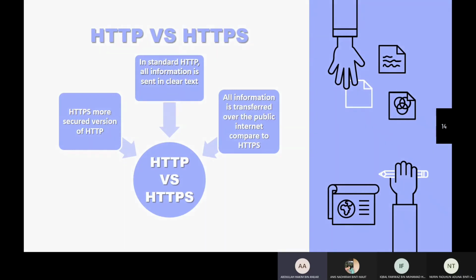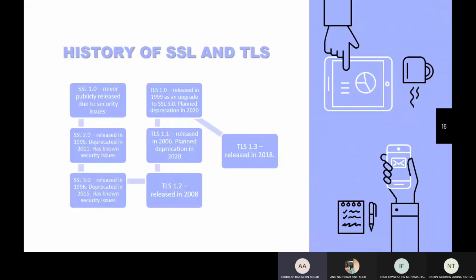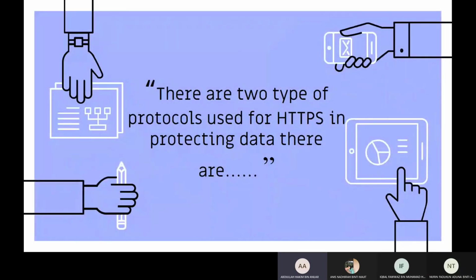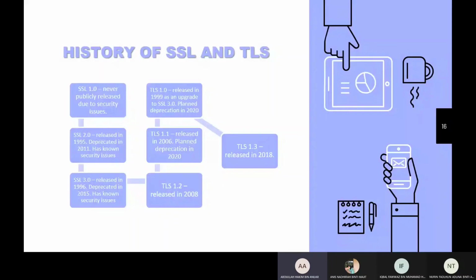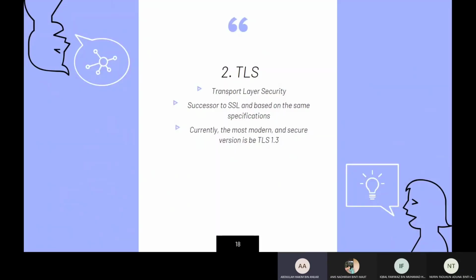Next. So there are two types of protocols that are used to protect data in HTTPS. There are SSL, which is Secure Socket Layer, and TLS, Transport Layer Security.